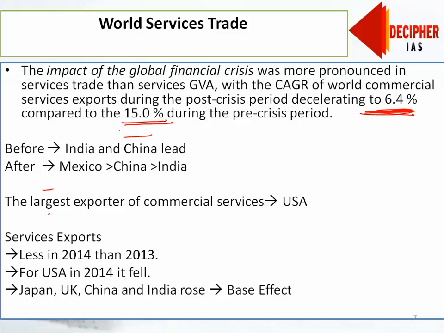That is, if last time you had low growth, this time you're bound to have higher growth because the base, the comparison you take, is lower than normal. Now let's go to the next slide.